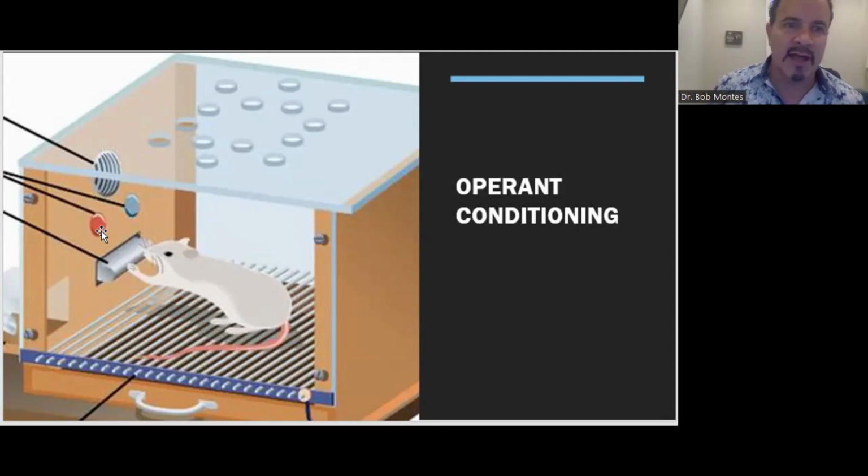For example, if the light is red, the rat is not to press the lever, or he may receive a shock under him. If the light is blue, that may indicate that the rat can press the lever in order to receive a reward. There's also sounds involved in this Skinner box. So the whole point of this is that the rat is learning through discrimination how to get a reward.